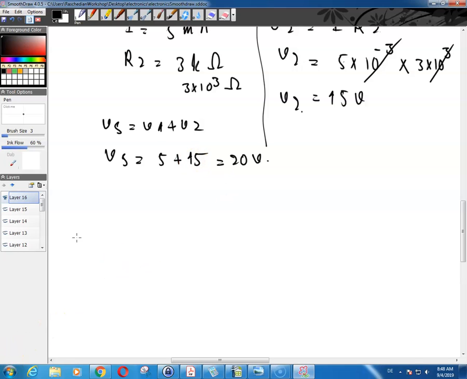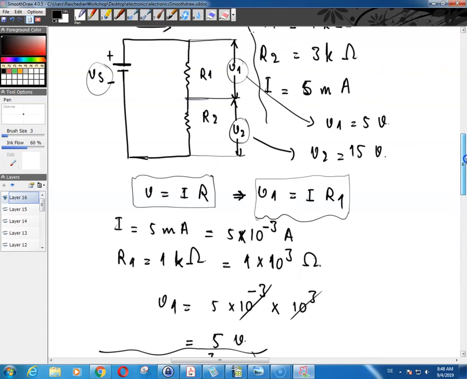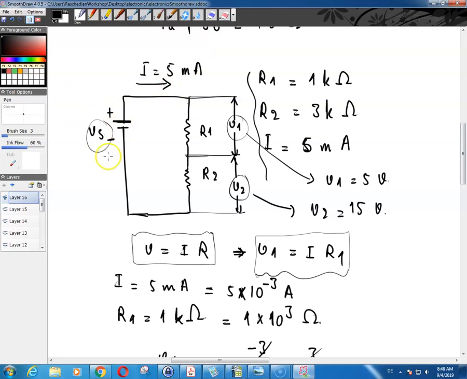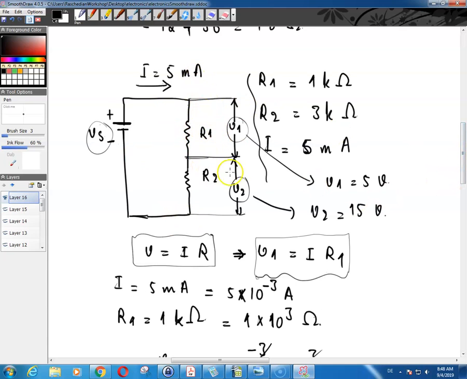Okay, so now suppose that you have the exact same type of circuit, with your V of S in this exact same orientation, R1 and R2 both in series. This would be your V1, V2. The only thing that we change here is these values.